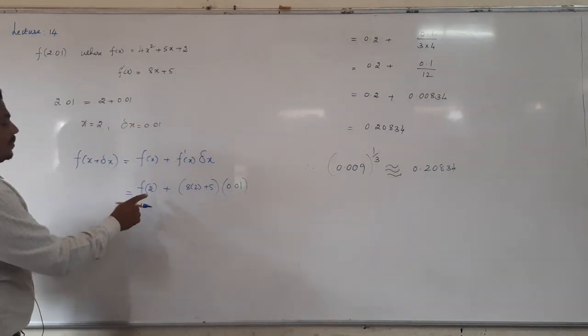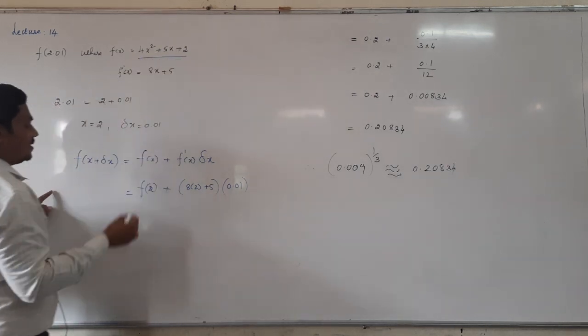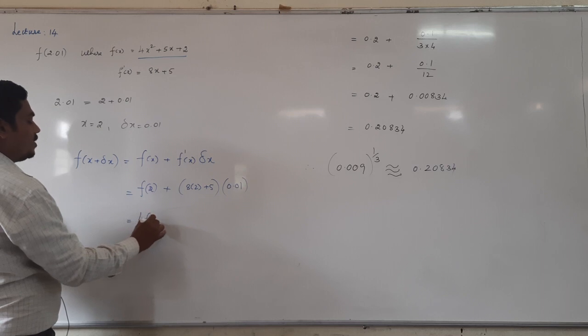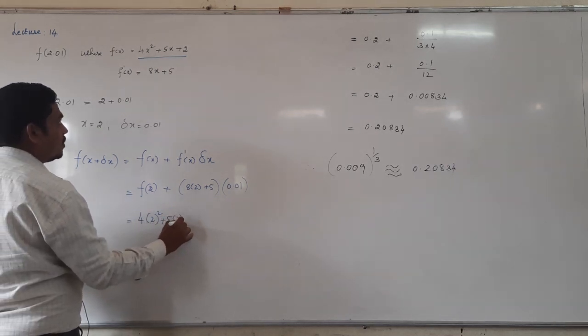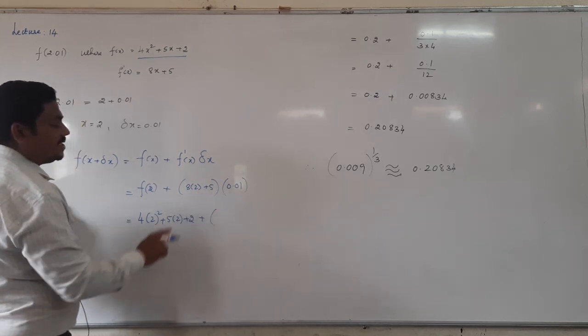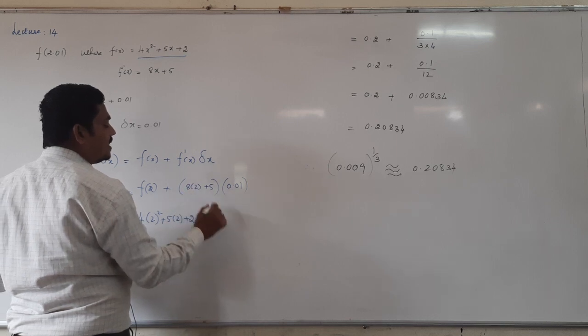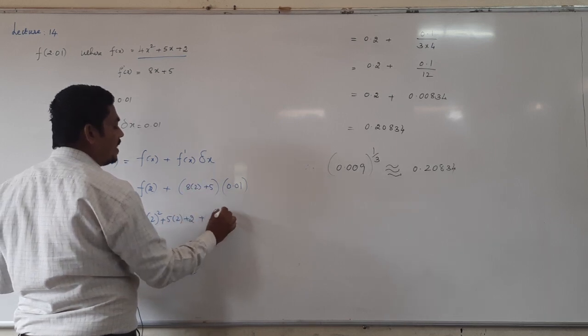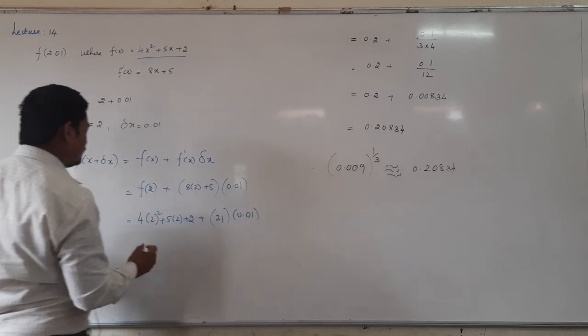Now what is f of 2? F of 2 means put x value 2 in the given function. Then it will be 4 into 2 whole square plus 5 into 2 plus 2, plus usual simplification, 8 into 2 that is 16, 16 plus 5 is 21, 21 into 0.01.